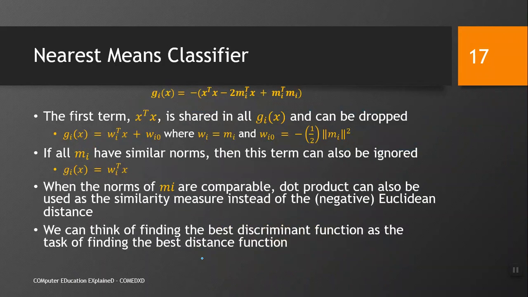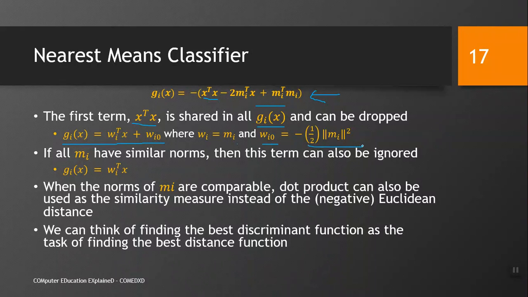Nearest mean classifier: this is the formula that we have taken from the previous slide. The first term, x transpose x, is shared in all discriminant functions and can be dropped. So gi of x is this, where wi is equal to mi and wi0 is equal to this.